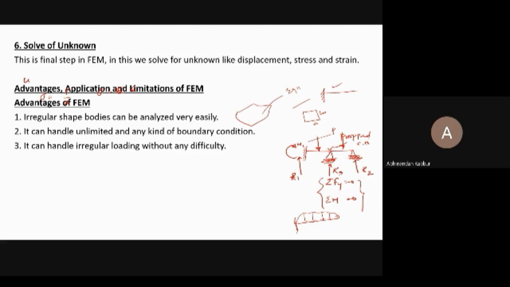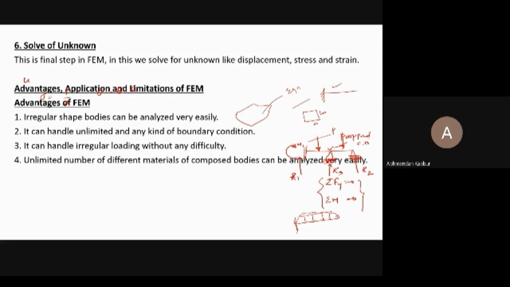Then what do I need to do? I need to divide it into something near a uniformly distributed load, then solve the problem. So FEM does that. Whatever the irregular loading, it will try to make it uniform, then it will solve the problem. So that is the third advantage of FEM: it can handle irregular loading without any difficulty.